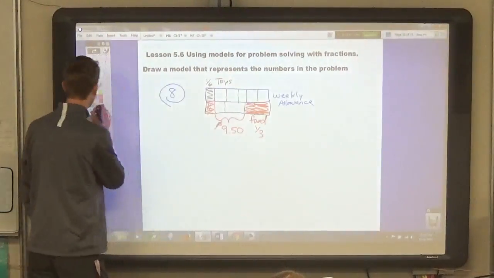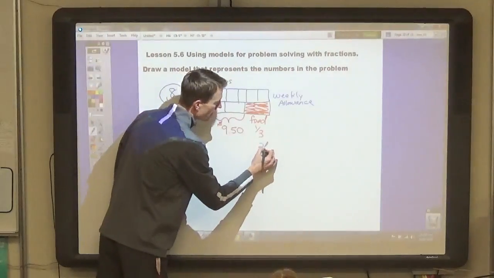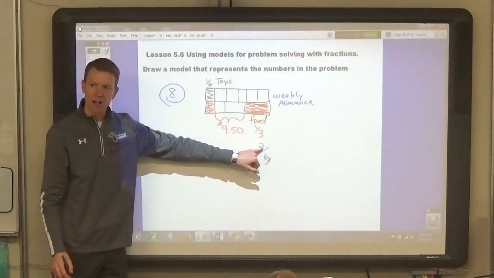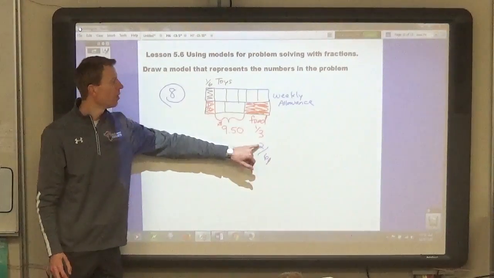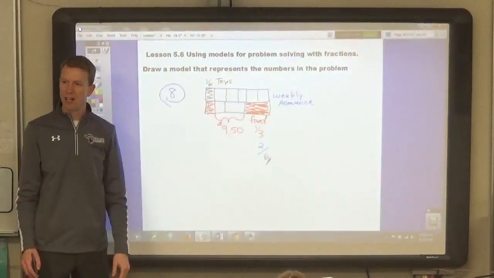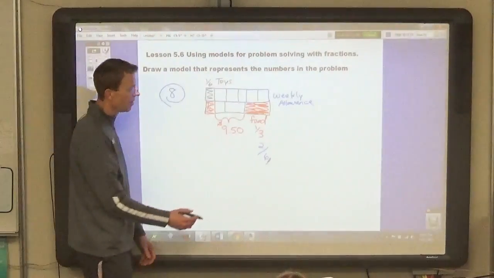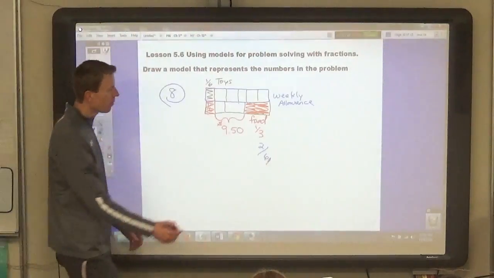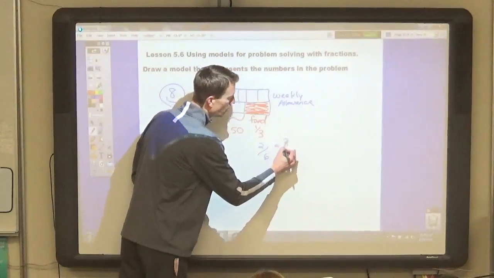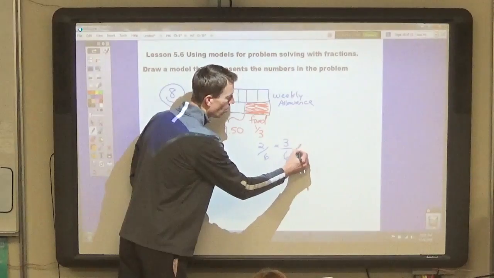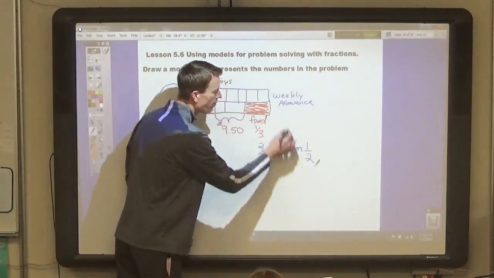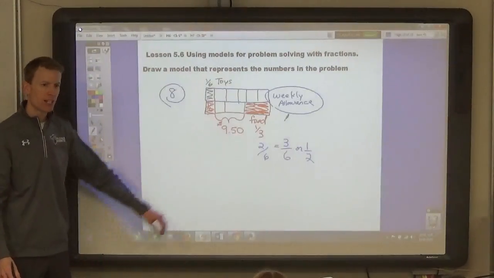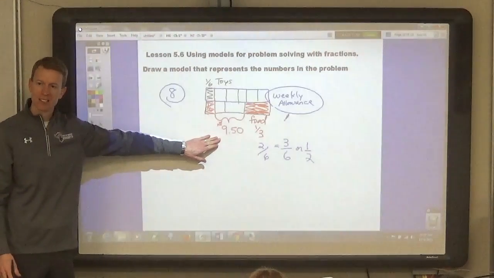Yep, so 1/3 is what? 2/6. So 2/6 were spent on food, and 1/6 was spent on toys, for a total of what? 3/6, or 1/2. So she spent 3/6 or 1/2 of her weekly allowance, didn't she? She has half left.